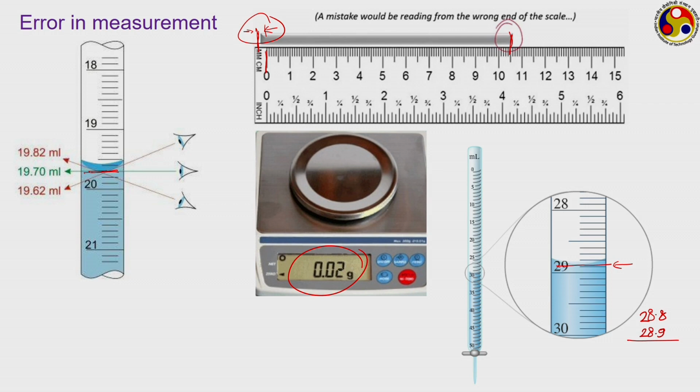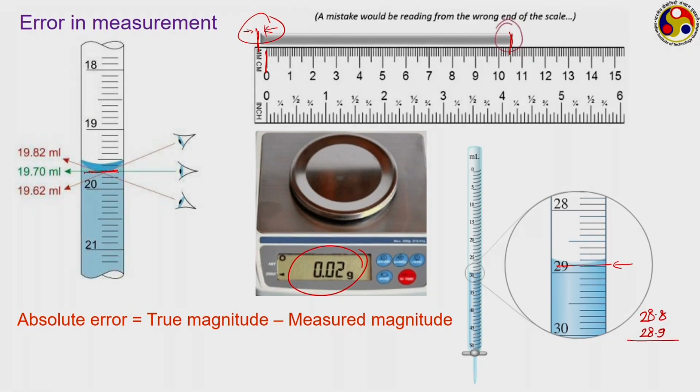So this way there are several sources of error that may be present in any measurement. The difference between the true magnitude of a quantity and the value that has been provided by a measuring instrument is called the absolute error.